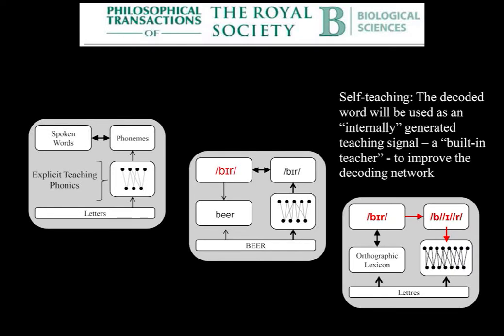So you no longer need an external teacher, like in all other connectionist models, if you're interested in those, where you always have an external supervisor that throughout learning tells you this is correct, this is wrong, this is correct, this is wrong. Not in Share's theory. Share's theory is a few associations.